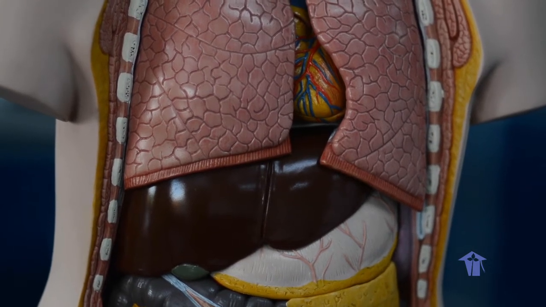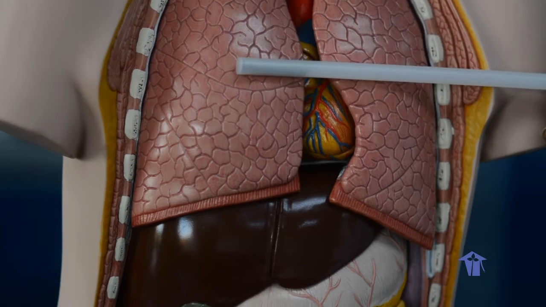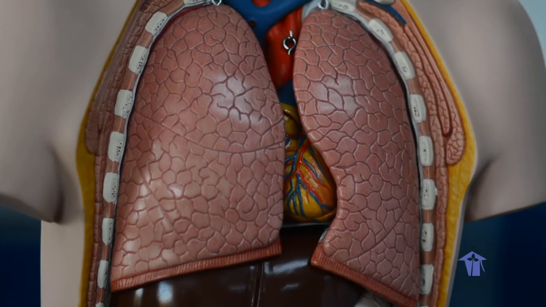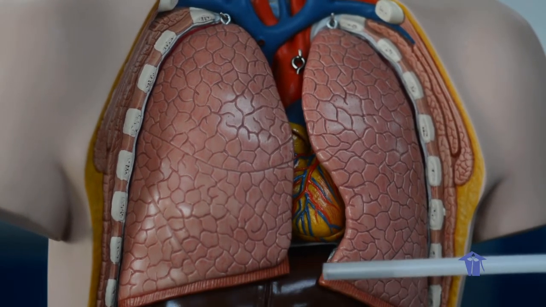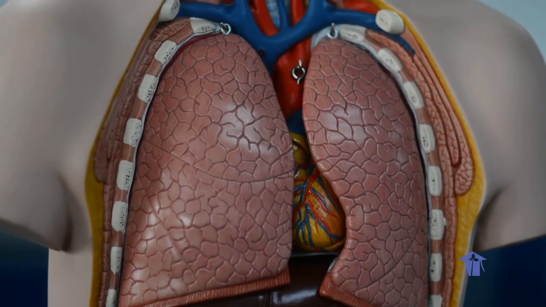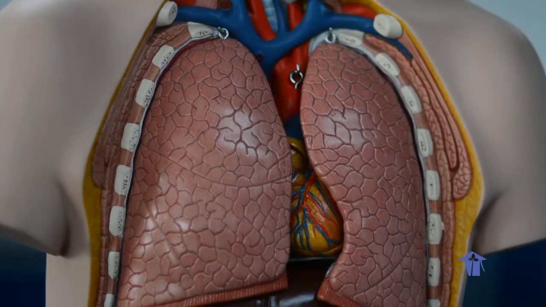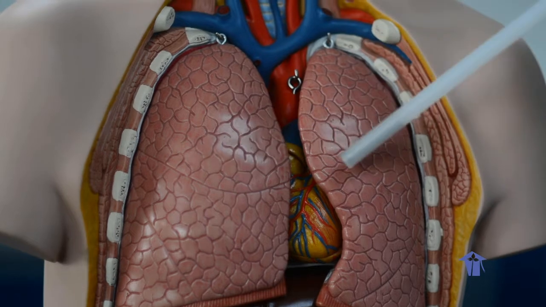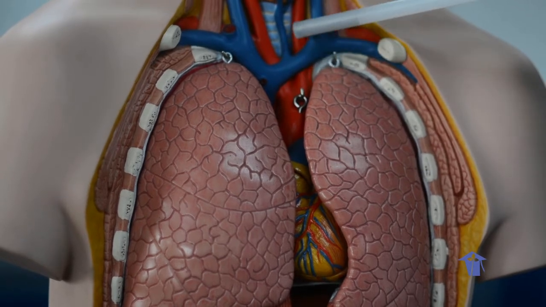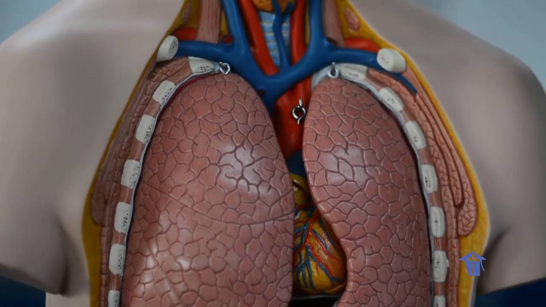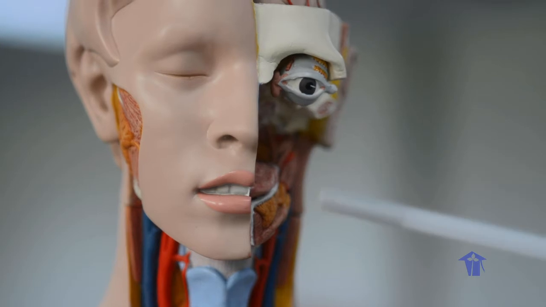So its contraction lowers the diaphragm to allow the thorax to attain a greater volume, and air is pulled in, and when we breathe out, the diaphragm returns to its dome-shaped structure and reduces the volume within the thoracic cavity so that air can be pushed back up through the bronchioles, which we can't see right now because they're under the lungs, back up through the trachea and up through the pharynx and then out through the nose.